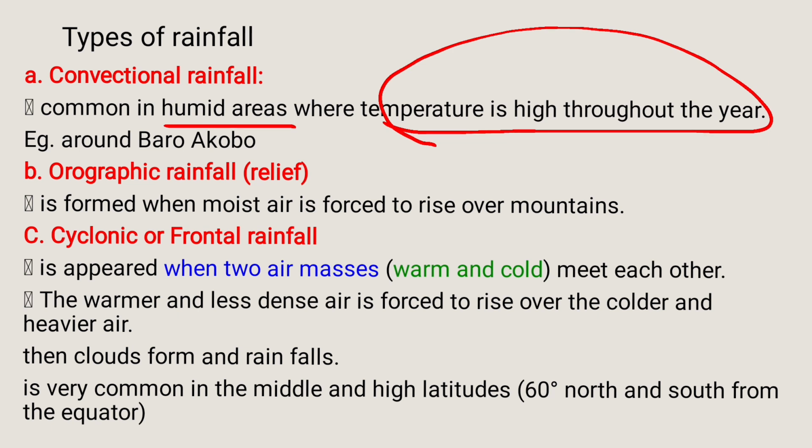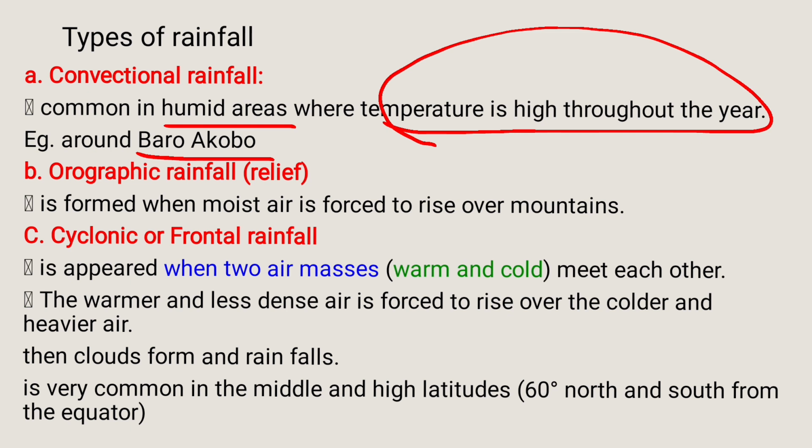In Ethiopia, this type of rainfall is found in lowland parts of Ethiopia like the Baro Akobo areas. Reasonably, Baro Akobo is known for having conventional type of rainfall.